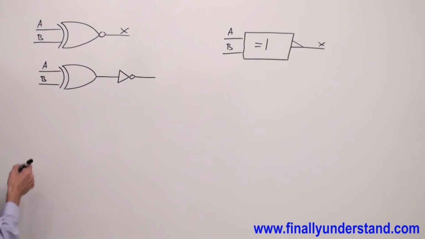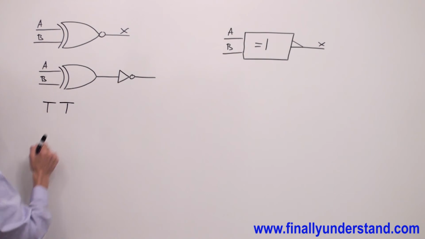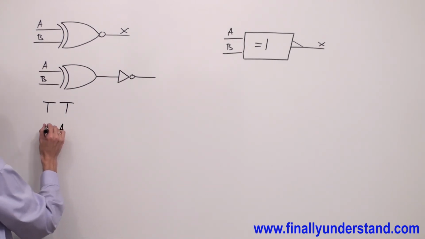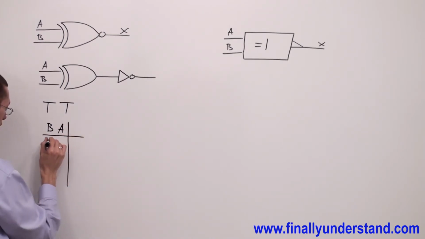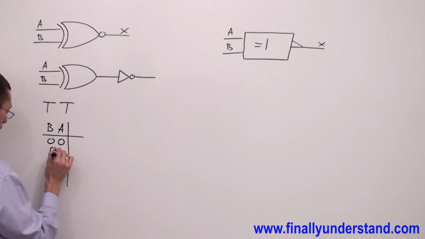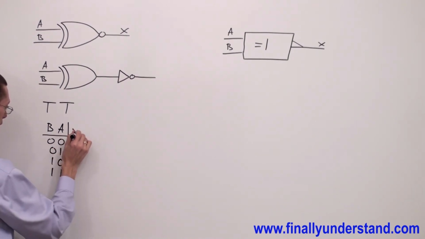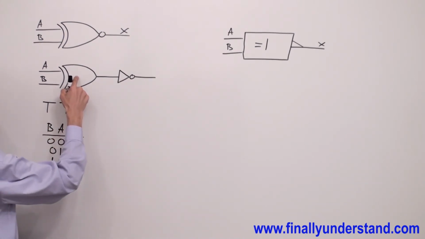Next, we're supposed to remember the truth table of this gate. We have two inputs, that's why we are going to have four combinations. Now, let me get back to the exclusive OR.